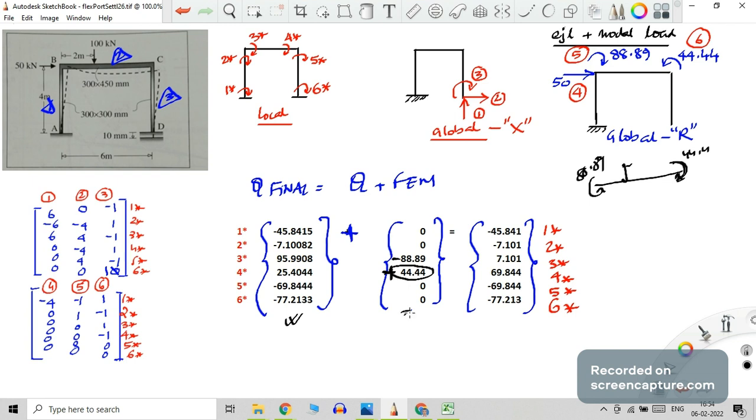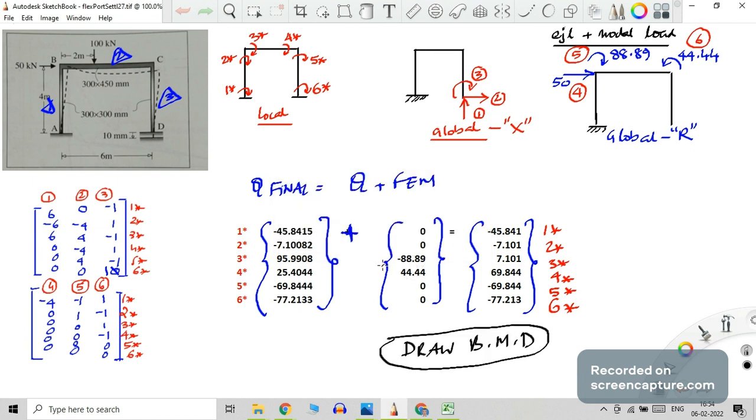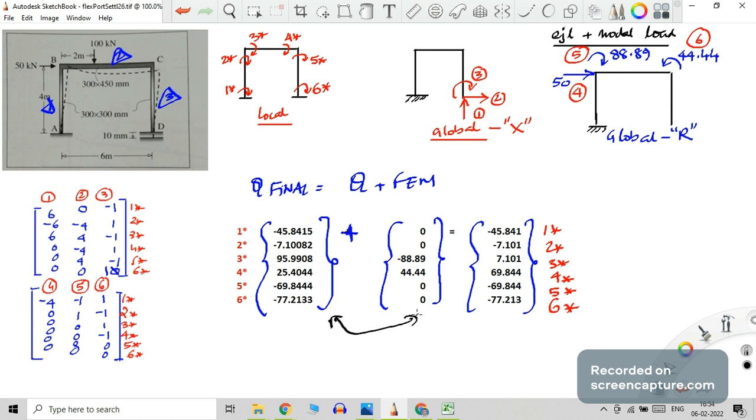This is local, I mean, matrix. So add them. All others, even 15 need not be taken. 50 is a nodal force. No FEM corresponding to that 50. So only 88.89 negative and plus 44. So add them. You are going to get, this is the final result.